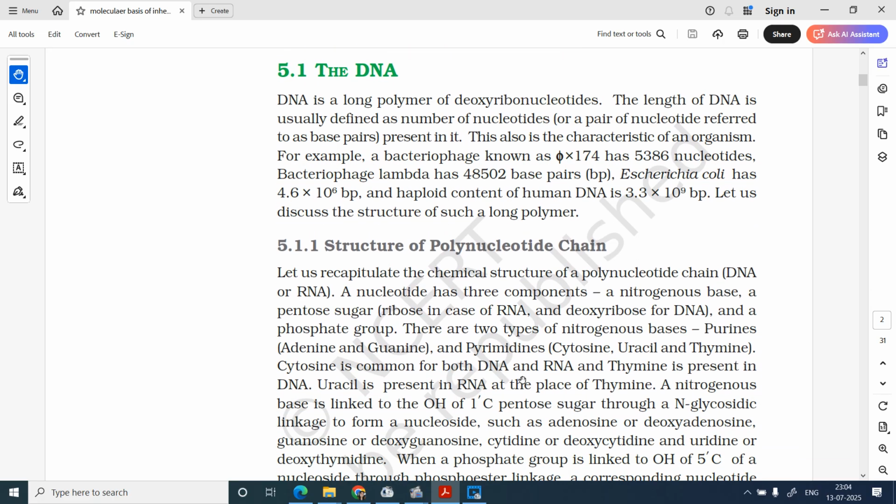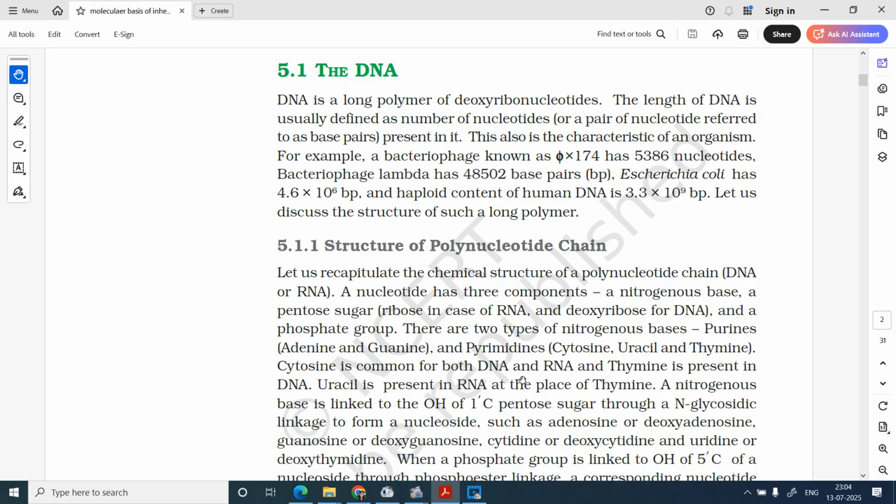5.1.1 Structure of polynucleotide chain. Let us recapitulate the chemical structure of a polynucleotide chain, DNA or RNA. A nucleotide has three components: a nitrogenous base, a pentose sugar, ribose in case of RNA and deoxyribose for DNA, and a phosphate group. There are two types of nitrogenous bases: purines, adenine and guanine, and pyrimidines, cytosine, uracil, and thymine.